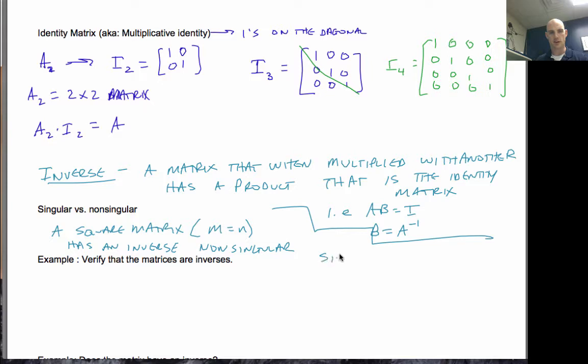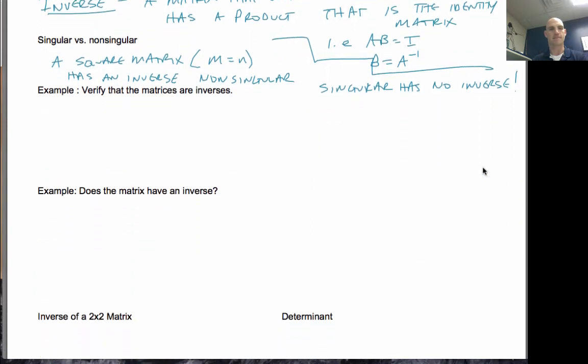Which means singular has no inverse. So singular matrices have no inverse.